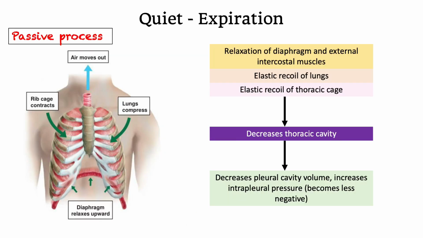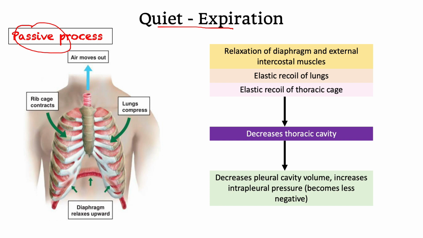Okay, so now we're going to talk about quiet expiration. After inspiration, there must be expiration. Compared to inspiration, quiet expiration is a passive process. Basically, it is the opposite of what happened during inspiration. So for quiet expiration, we need to decrease the thoracic cavity.